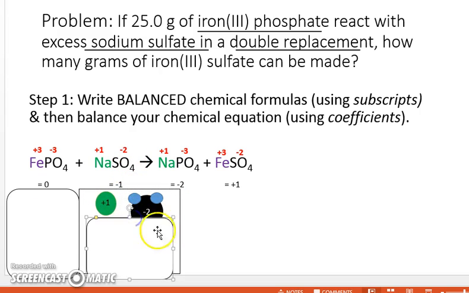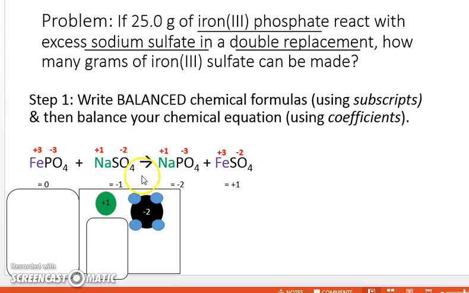So if we look at what this looks like, we have sodium represented as this green circle with a +1 charge. Sulfate, which is S and then O4, one little molecule, has a -2 charge.